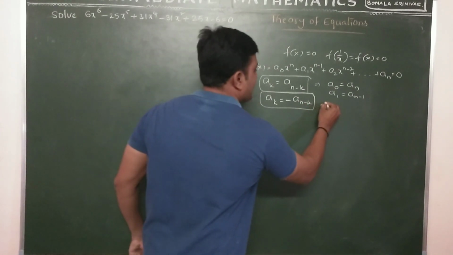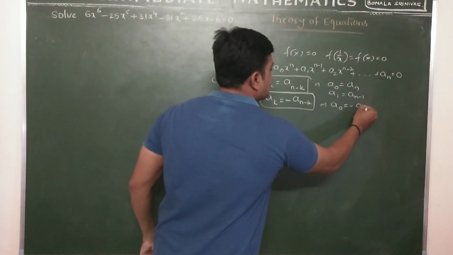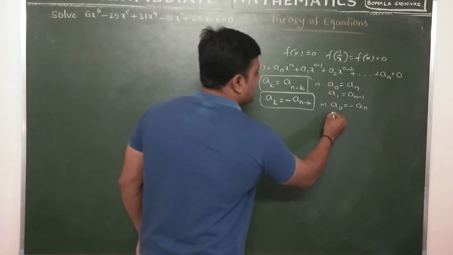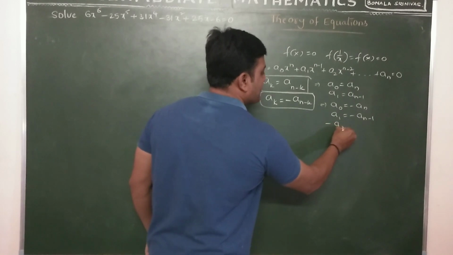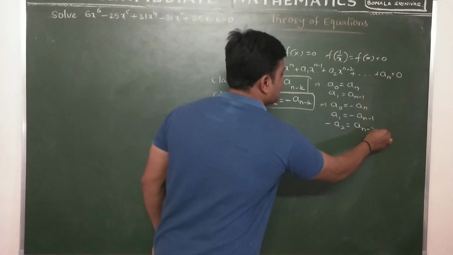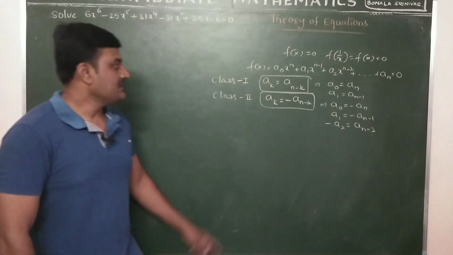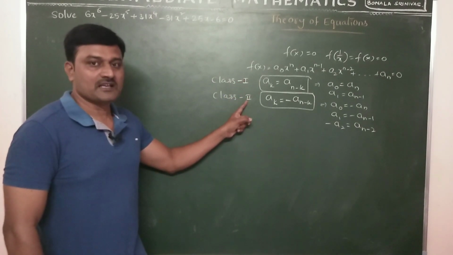That means a0 = minus an, a1 = minus a(n-1), a2 = plus a(n-2), like that. Okay. These are class 1 and class 2.